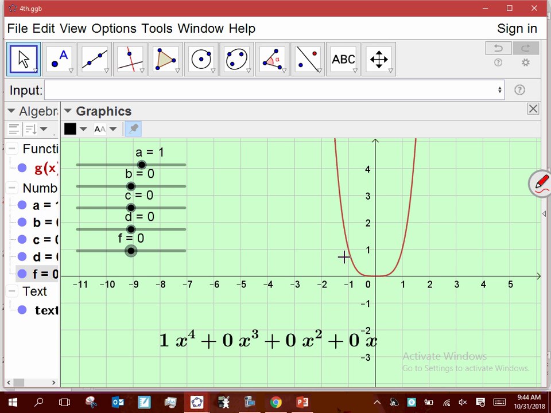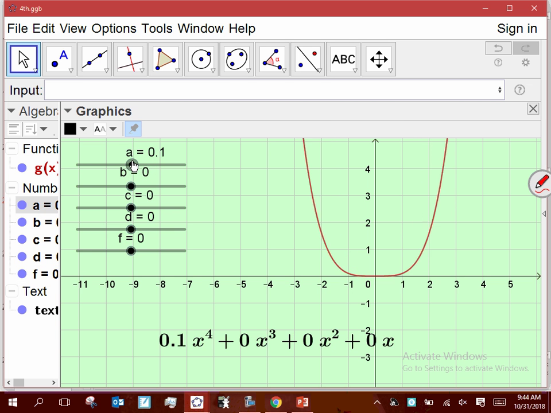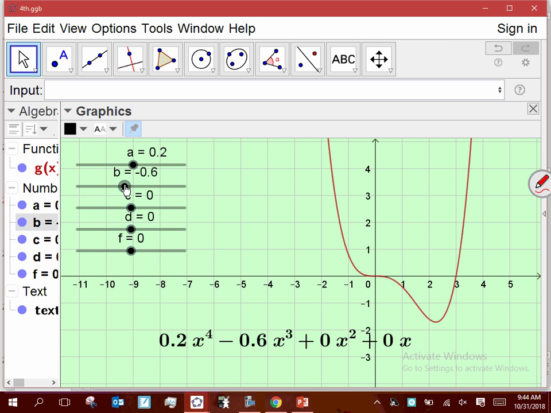so let's see. If I change the A value, change the B value a little bit, okay, you start to see maybe a different kind of behavior around the origin, right? Now, I say around the origin, that's relative, okay?